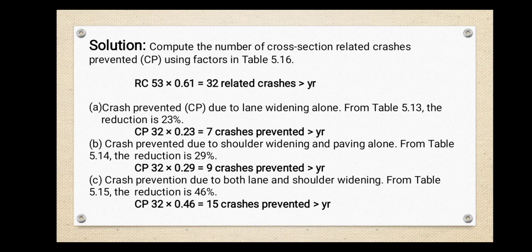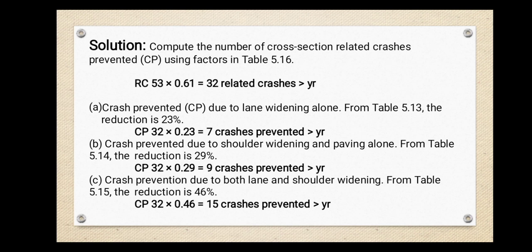So in Table 5.13, the reduction is 23%. So the crashes prevented is equal to 32 times 0.23, which is equal to 7 crashes prevented per year. And B, crashes prevented due to shoulder widening and paving alone.